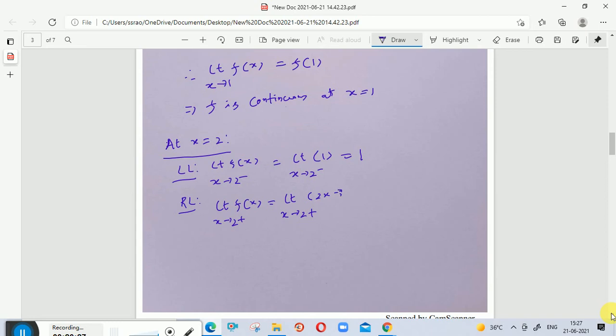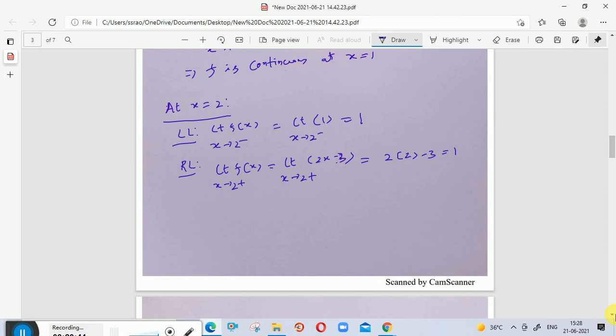That is equal to 2 into 2 minus 3, that is equal to 1. Here left limit is 1. Okay, right limit is 1. So limit exists and equal to 1.